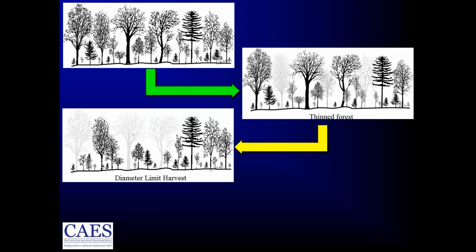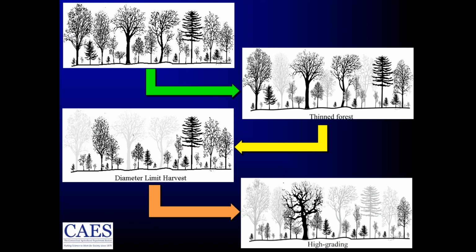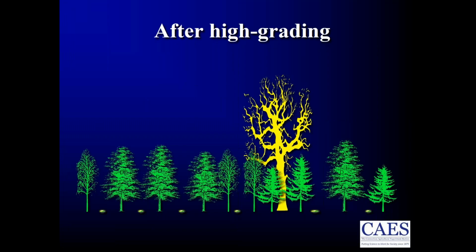The landowner wants a little bit more money. And if they get a little bit greedy, it can go right into high grading, just as you can with the selection cut sliding into high grading. And after high grading, again, what you're left with is a stand of small trees, often of less valuable species. You're left with trees of lower quality and a high percentage of cull.